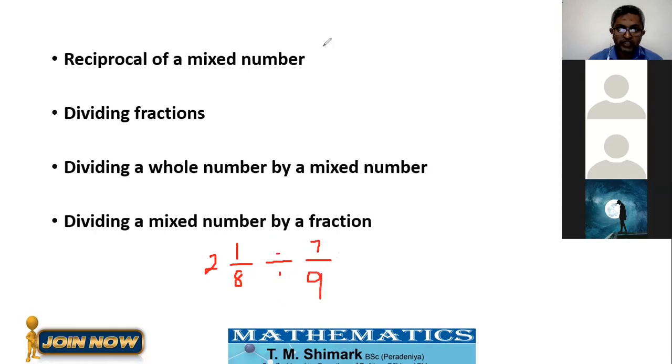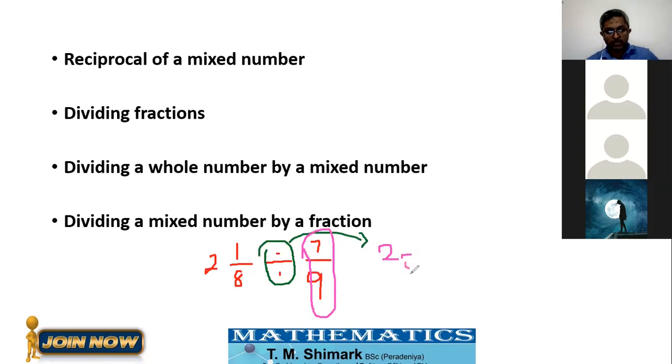If you want to change that, this guy will change, and then our fraction will change. The reciprocal of that you have to get. That means 2 and 1 by 8, and then multiplication means 9 by 7, right? This will change, and then you change this mixed number to an improper fraction.